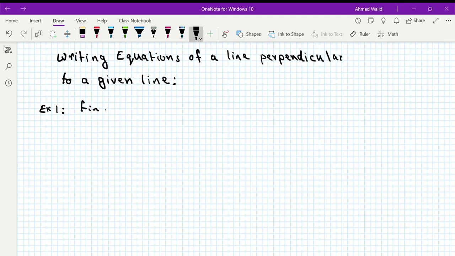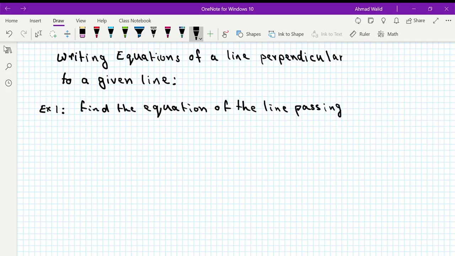Find the equation of a line passing through (3, -5).